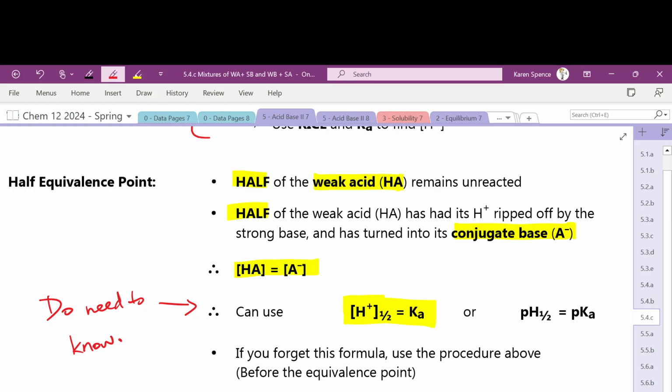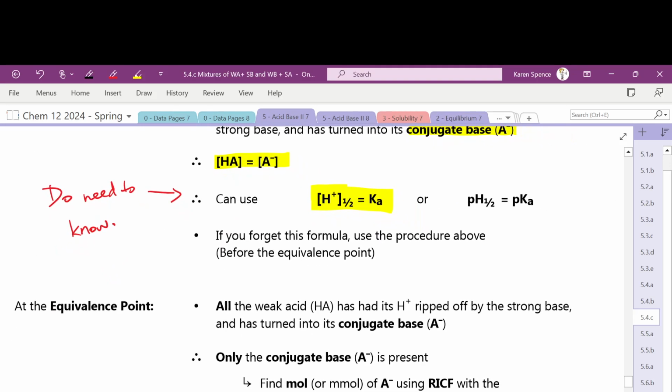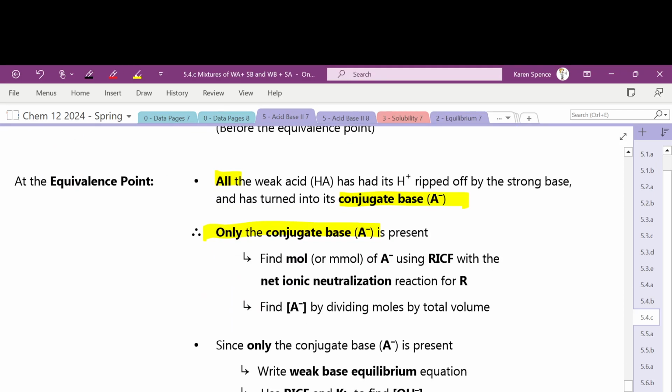At the equivalence point, all of the weak acid has been turned into its conjugate base. So only the conjugate base is present. And again, you might have to do these calculations.